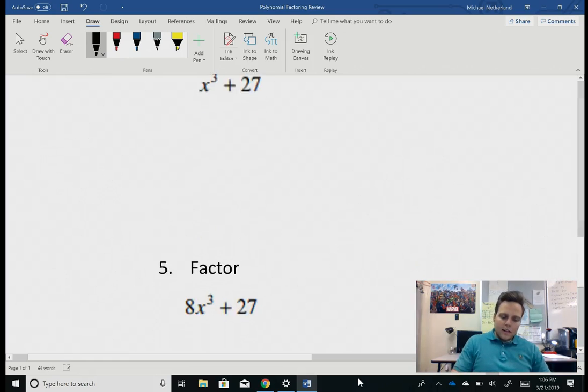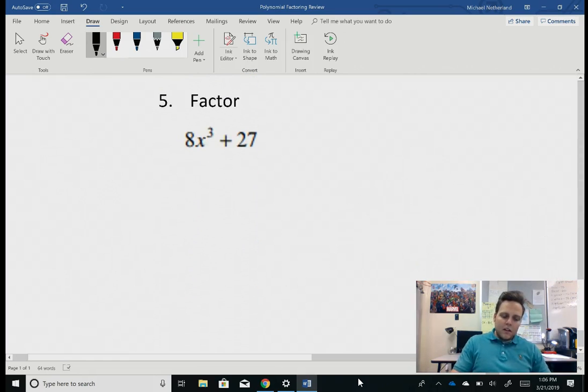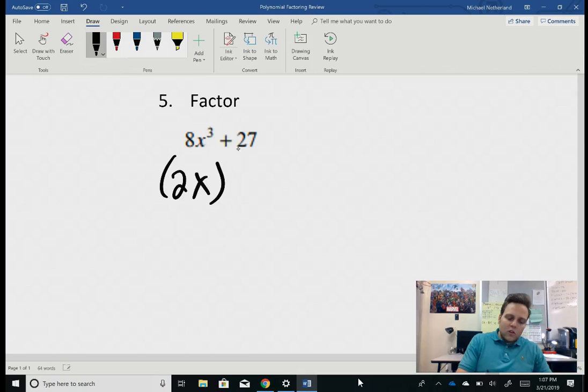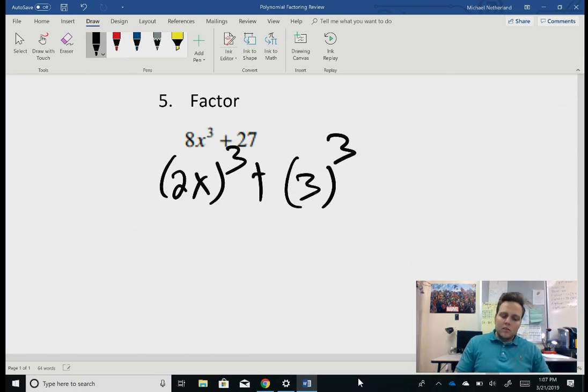All right, very good. Let's try to do number 5. If you've just been following along so far, I highly encourage you to pause at number 5 and do it on your own. Hopefully you're like, oh, that's another sum of cubes situation. 8x cubed is 2x cubed, plus 27, that's 3 cubed. So it goes right into that formula where a is 2x and b is 3.